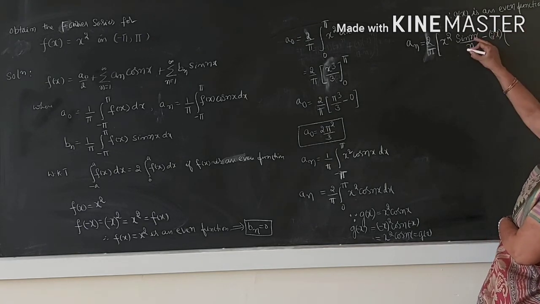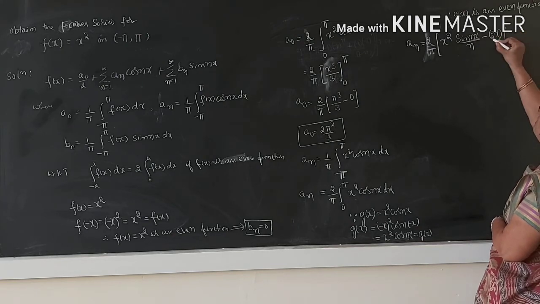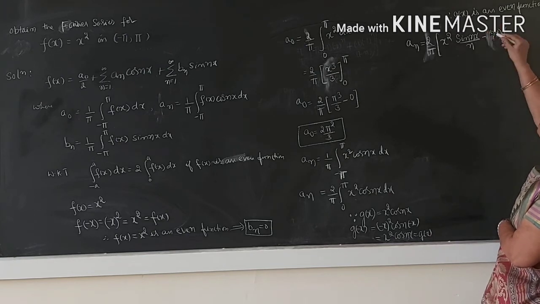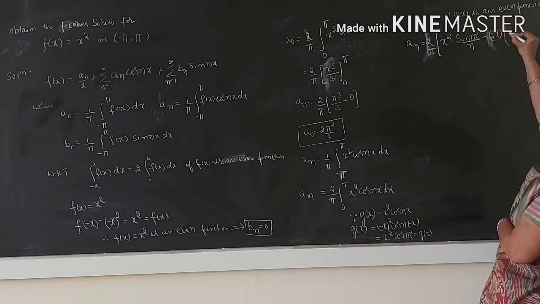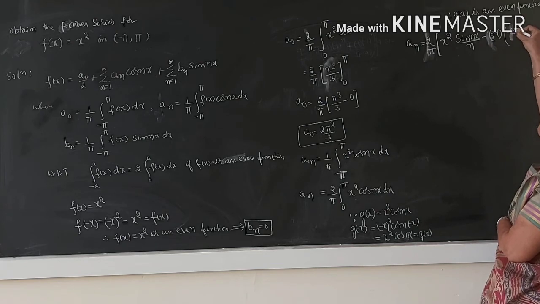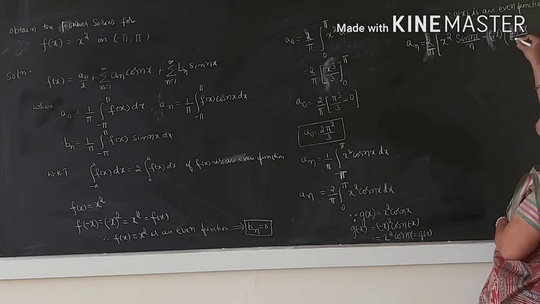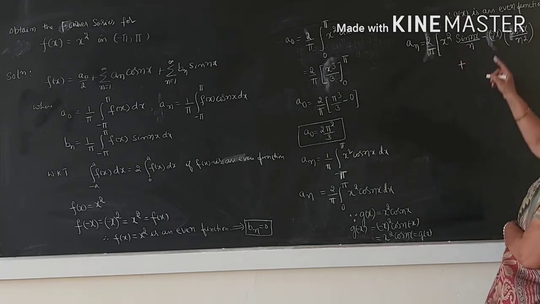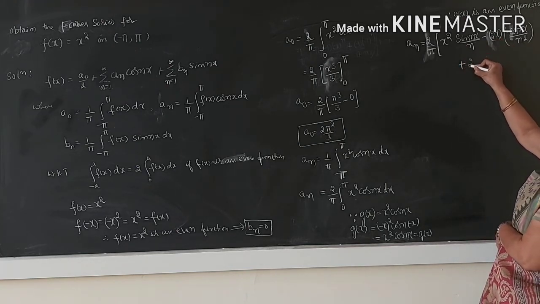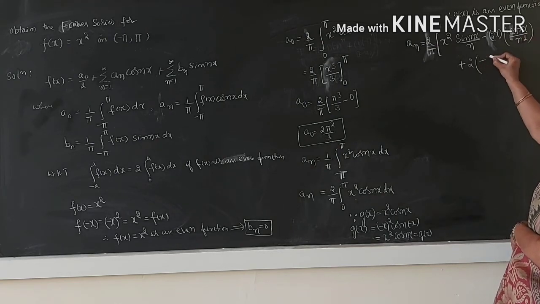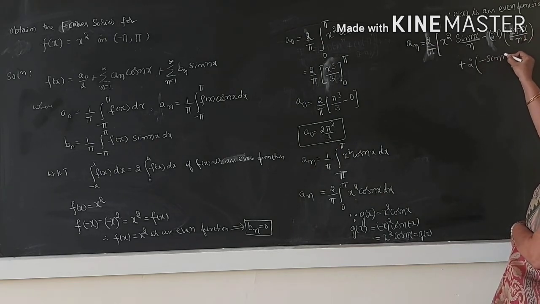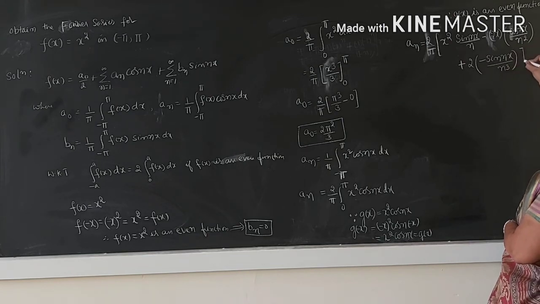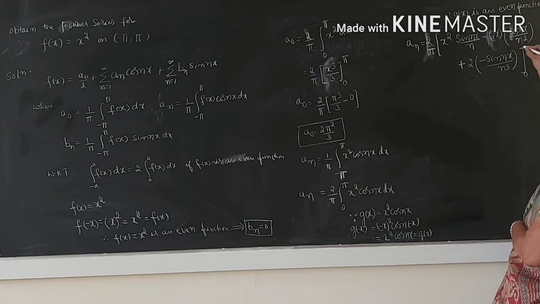Next I write the integration of this term. If you want, you write this 1 by n as the common factor, or else you can write like this. Integration of sin nx is minus cos nx by n square plus differentiation of this 2x is 2 and integration of this is minus sin nx divided by n cube in between the limits 0 to pi.